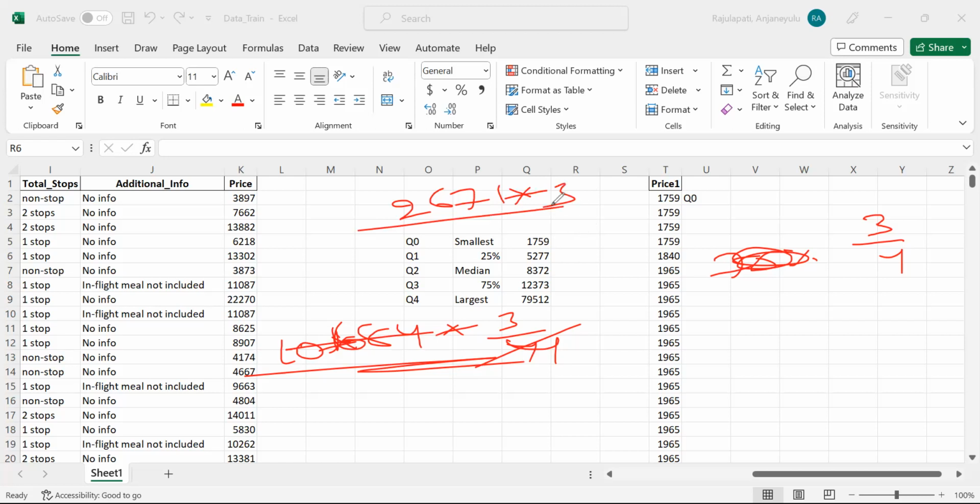Tell me. 3, 21, 26, 8, 8013. The value at position 8013, we call the third quartile.